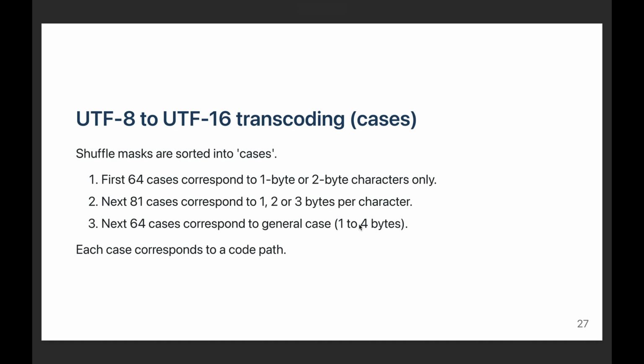Another nice side effect of having this secondary table of shuffle masks is that we only need to store about 200 shuffle masks instead of slightly more than 4,000. So we get the benefit of some compression. Overall, our tables use about 11 kilobytes, which fits really nicely in the first level of CPU cache, the fastest level.